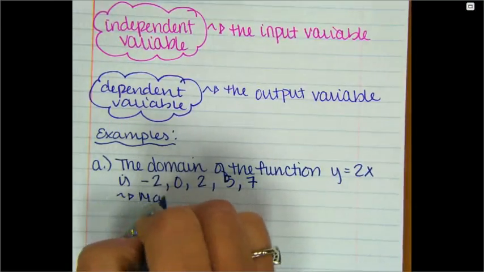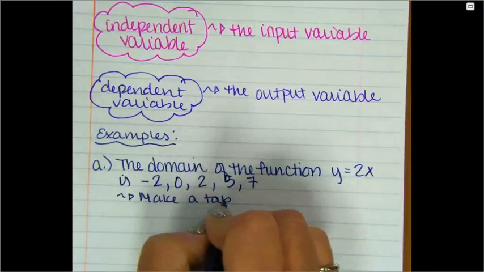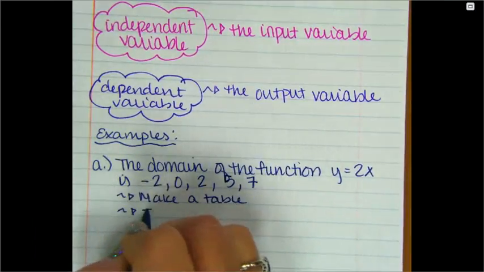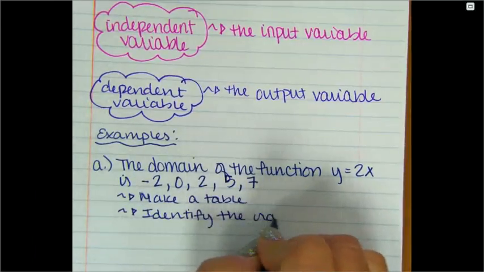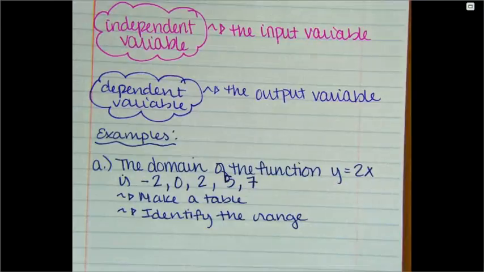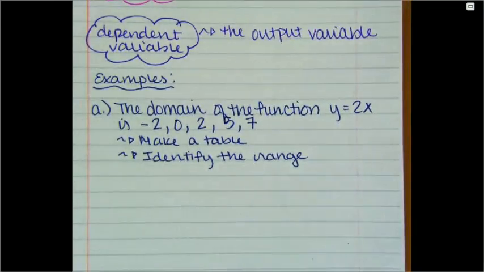We're going to make a table, and you're going to identify the range. So you're going to make a table, and then you're going to identify the range. I'll show you how to make a table in a second.